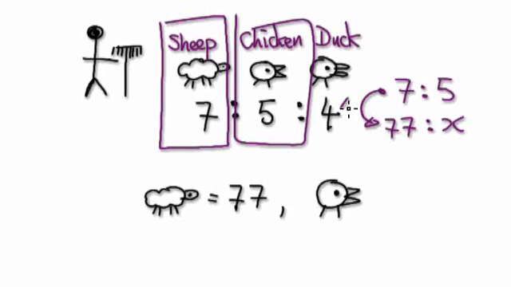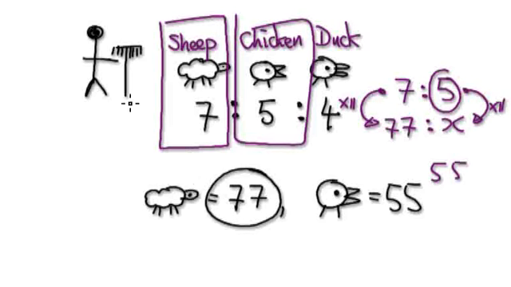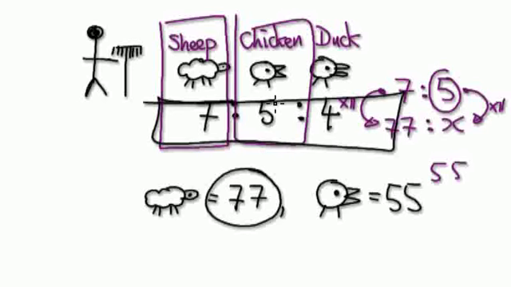If you times by 11 over here, and then here you times by 11, 5 times 11 will give you 55. So x here is 55. So the answer here is 55. You will have 55 chickens, given that there are 77 sheep on your farm, and given that you have to obey this ratio.